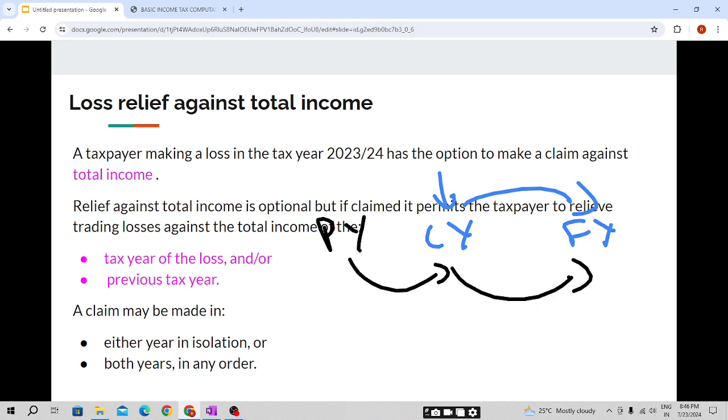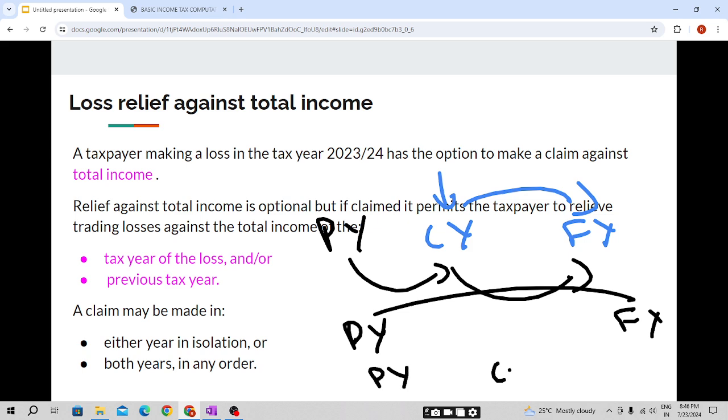The third case, either start from previous year and directly carry forward to future years, or no set off against any year, directly carry forward relief. I hope this is clear, students.